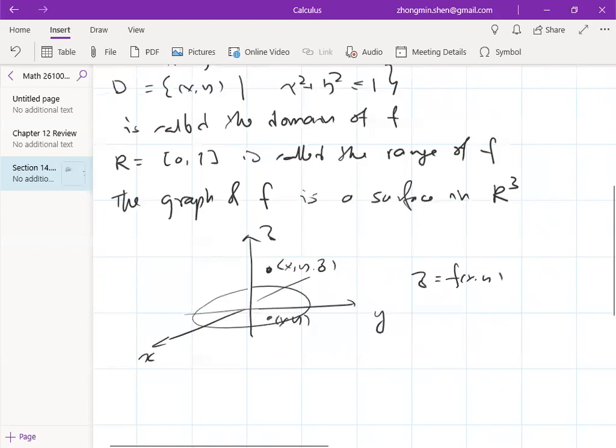When (x, y) runs over the disk, you get a bunch of points in space, and for this particular problem, all those points form an upper hemisphere. This is the upper hemisphere.